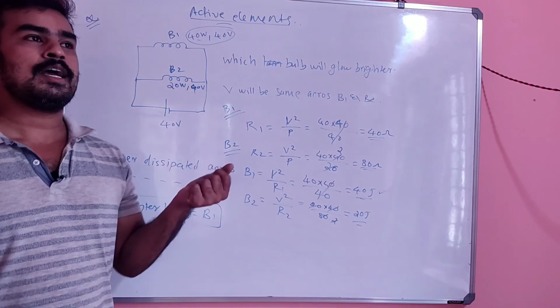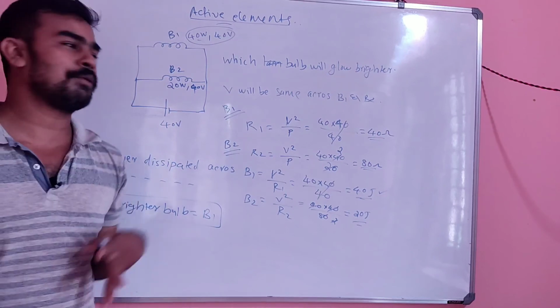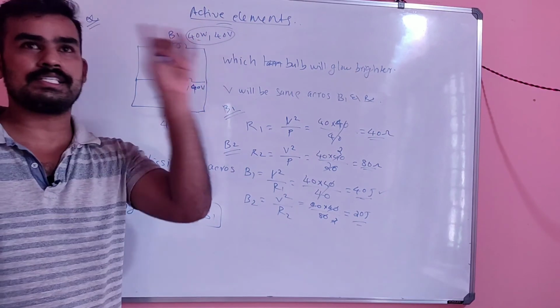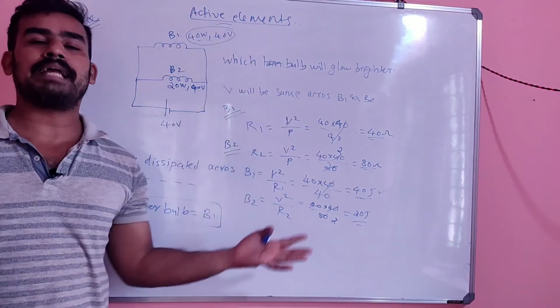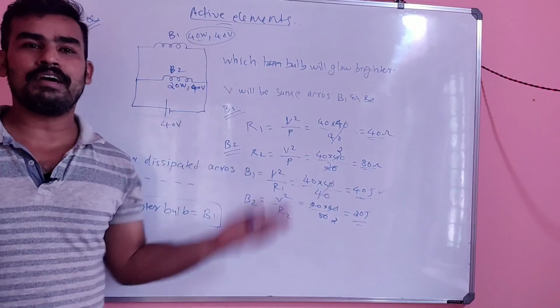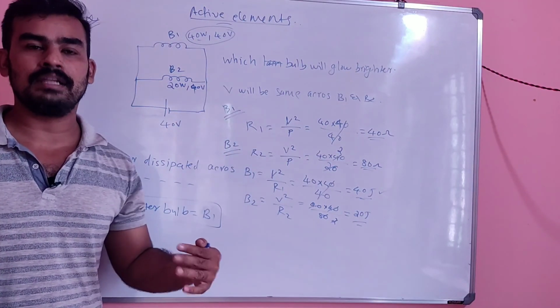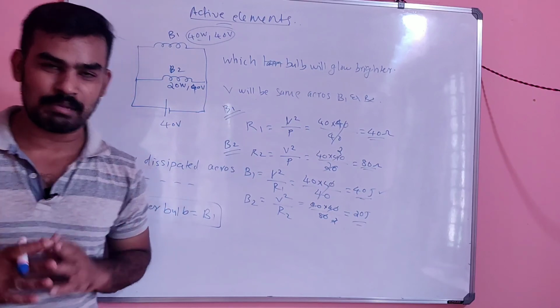So in an examination, once you feel confusion, just think about our home. In our home, all are in parallel, so higher wattage means brighter bulb. So the brighter lamp will be the high wattage lamp in parallel connection. Exactly the opposite applies to series connection. So that is the concept.